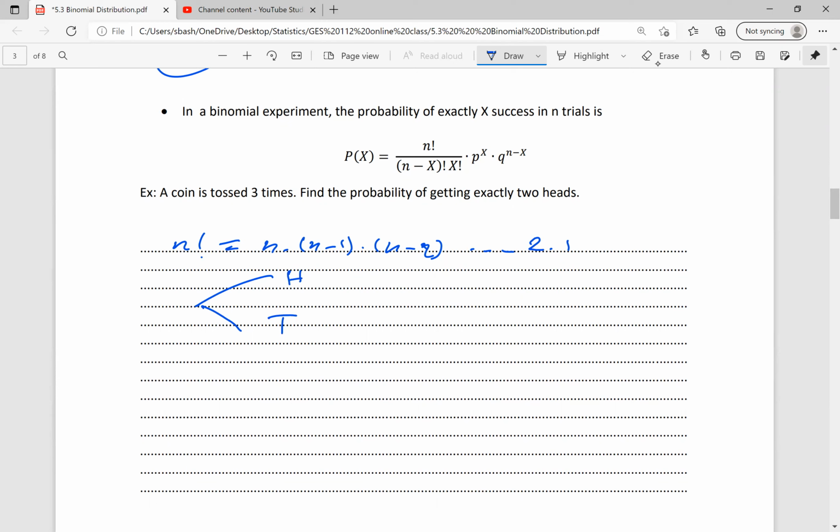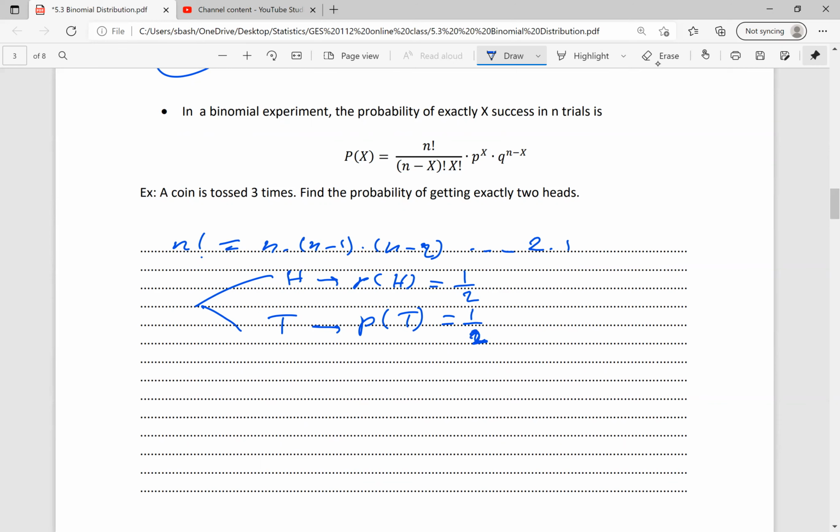These are 2 outcomes. P of head is 1 over 2 each time, so it remains fixed in each trial. Each time I toss the coin, I will get head or tail, and P of getting a head is 1/2 each time. For the tail also it is the same, equal to 1 over 2.